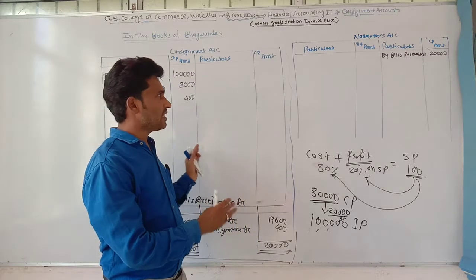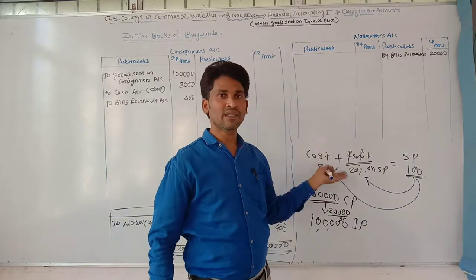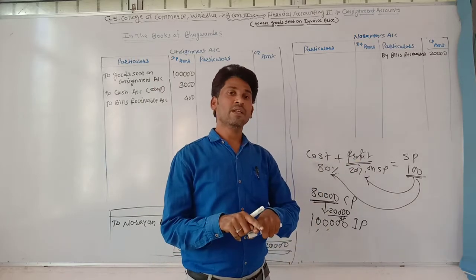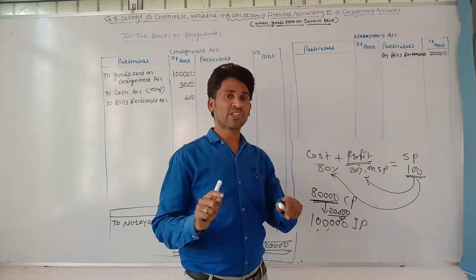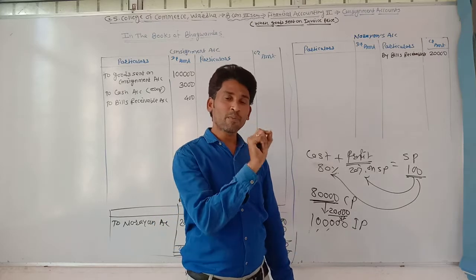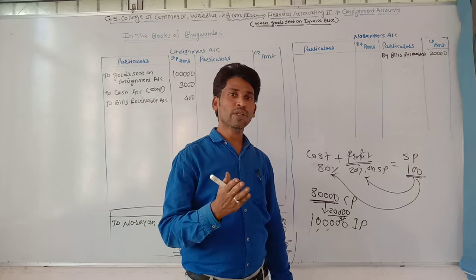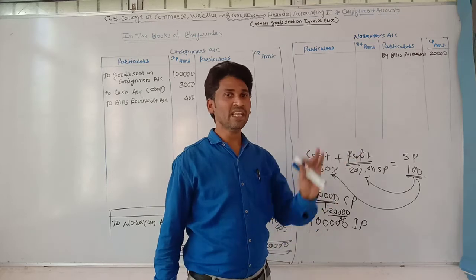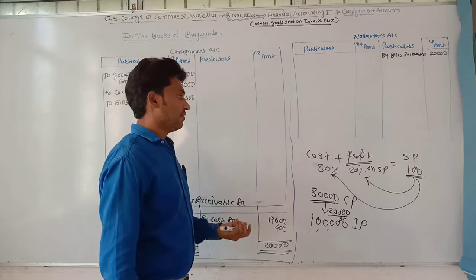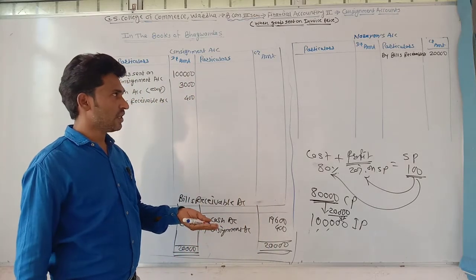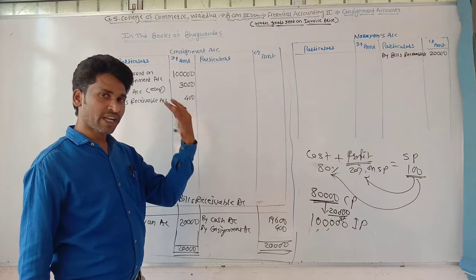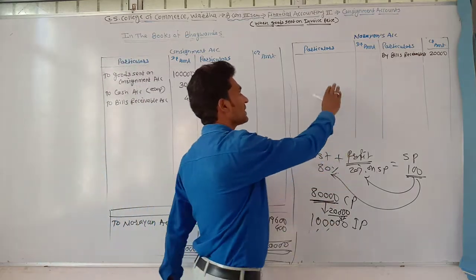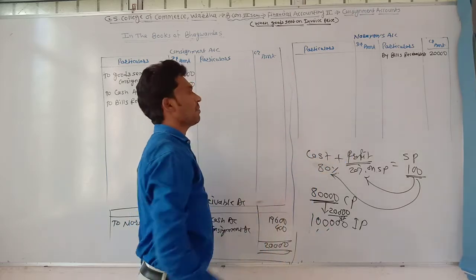In this account sales, he provides the information that he had sold 3/4 of the consigned goods, which means 75% of the consigned goods, for rupees 80,000. When the consignee sells the goods on cash or credit, the consignor passes the same entry: it debits the consignee's account and credits the consignment account.